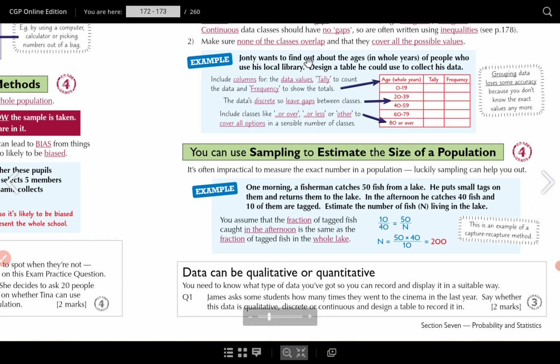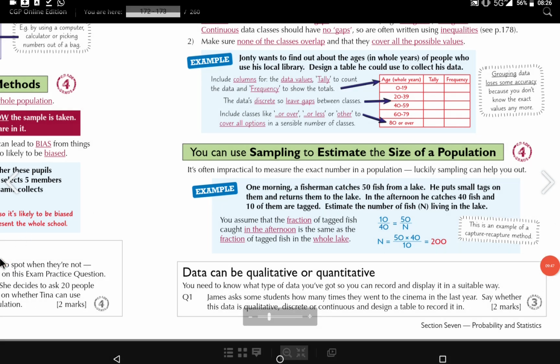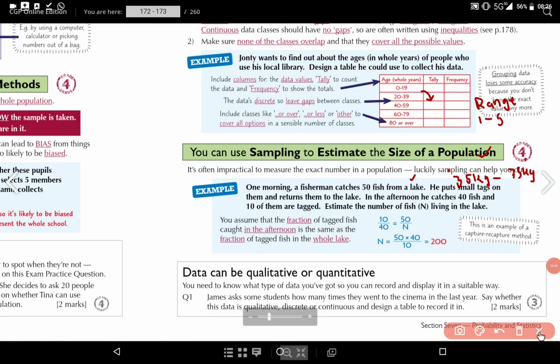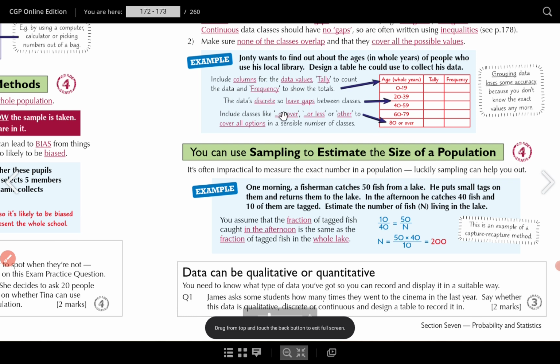Jonty wants to find out about the ages in whole years of people who use his local library. Design a table he could use to collect his data, okay? So people using the library, the best way here, he starts with those 0 to 19, 20 to 39, 40 to 59, 60 to 79, and 80 and above.